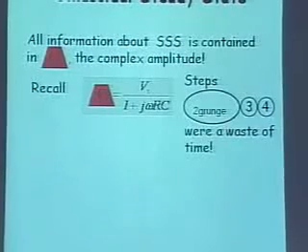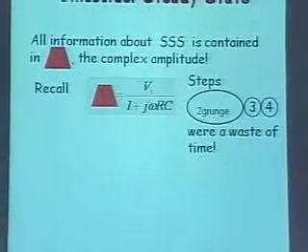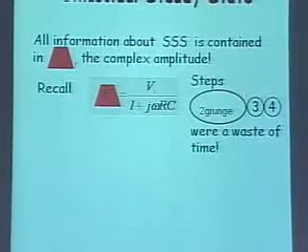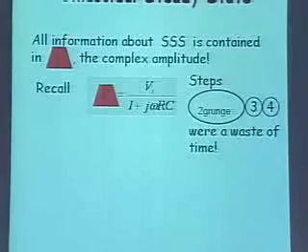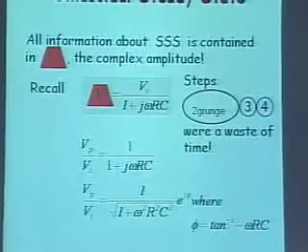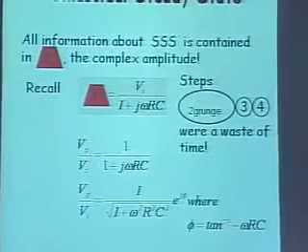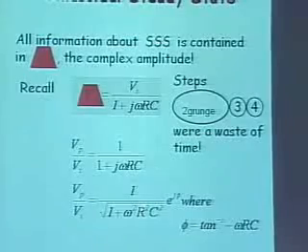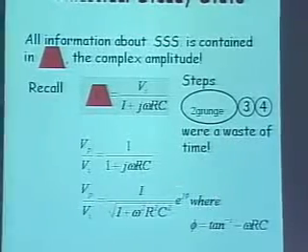So in summary, what we have is we computed VP. It was a complex coefficient. And all these steps, 2, 3, and 4, were a waste of time. What I showed you was that for the input VI, the coefficient VP was complex. And I can take the ratio and represent it in this manner as well.